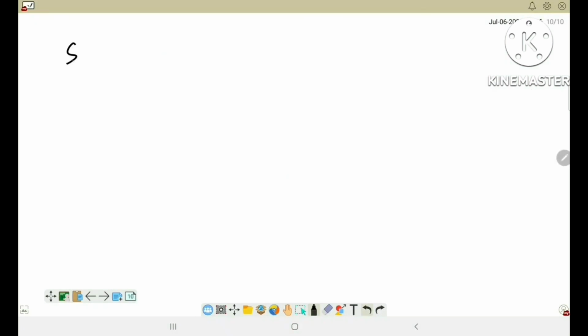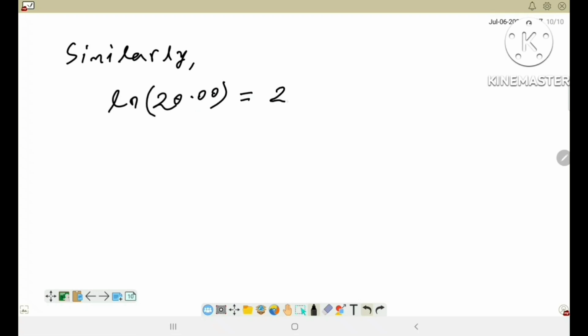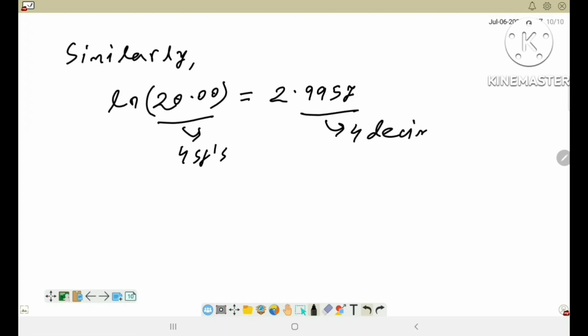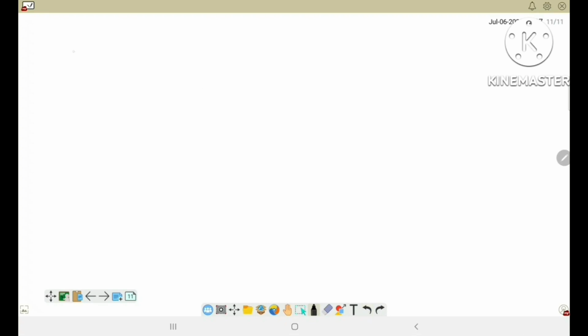Similarly, if we take natural logarithm, that is ln of 20.00, the final answer should contain four significant figures. Okay, sorry, that is four decimal places. Four significant figures in 20.00. So the number has four decimal places.